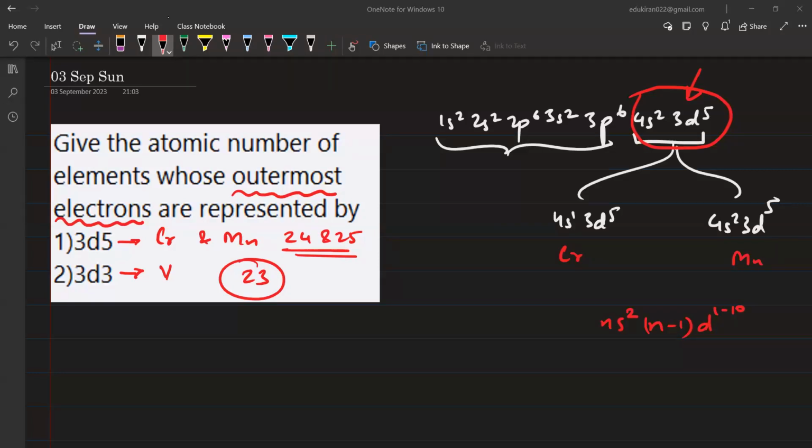If I have to fill, let us suppose, 25 electrons, then till 20 it is here. Then the last 5 electrons are going in the 3d5, right? Yes, sir. So that will be the outermost. Got it now? Yes, sir.